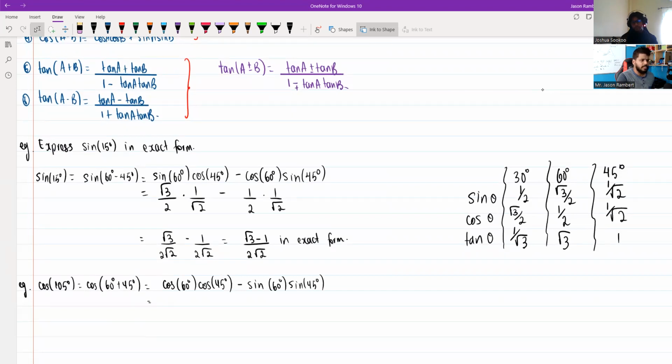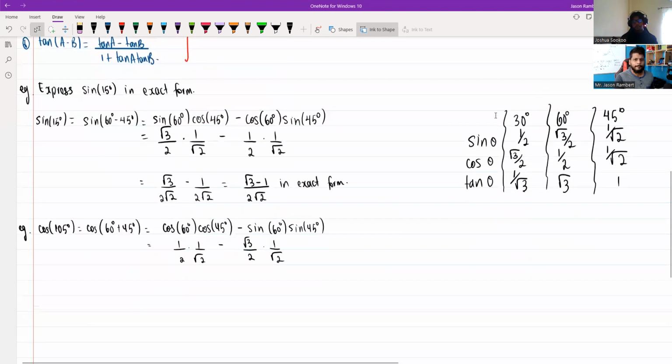Cosine of 60, I jump in my table, is a half. Cosine of 45 is 1 on root 2. Sine of 60 is root 3 on 2. Sine 45 is 1 on root 2. Looking a little similar to the one above, and you'll find that happening in most of them.